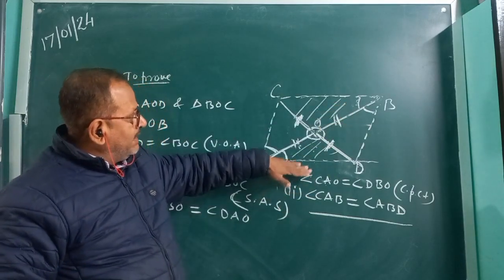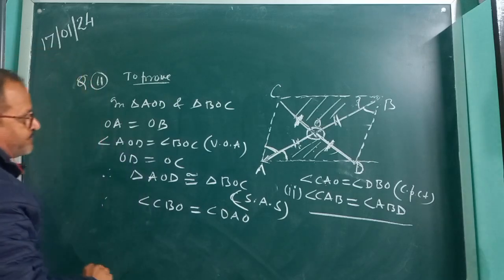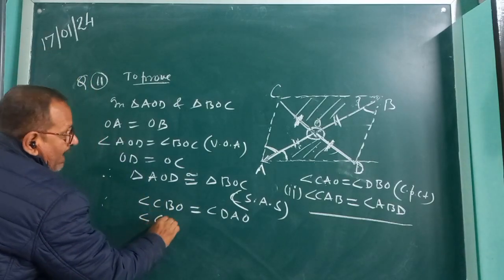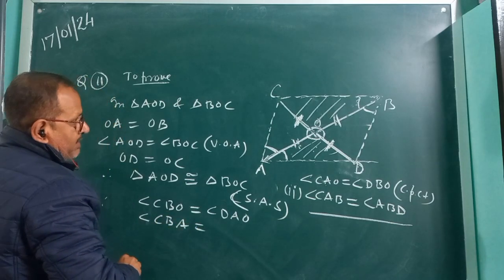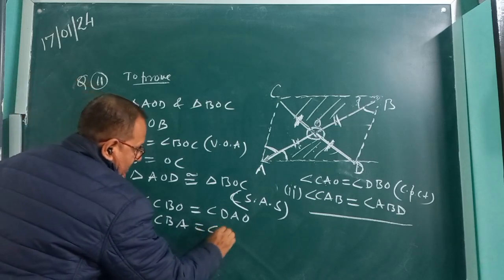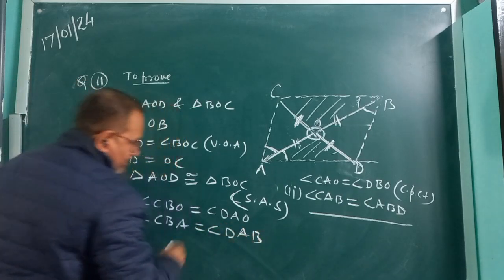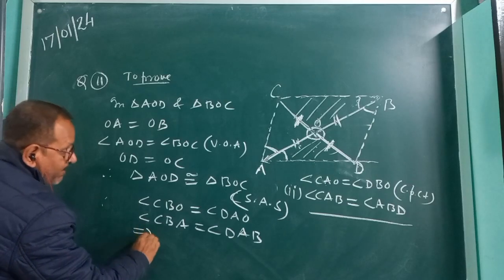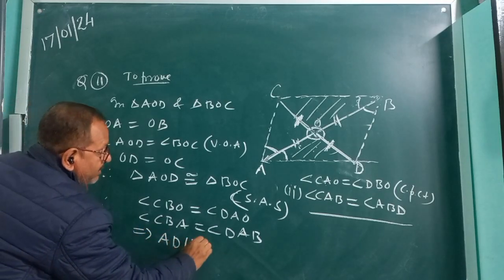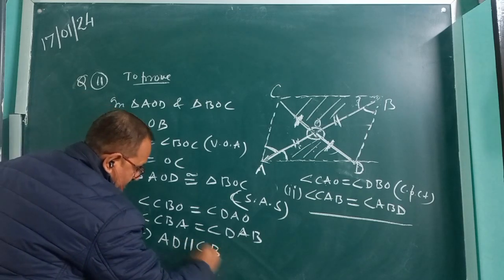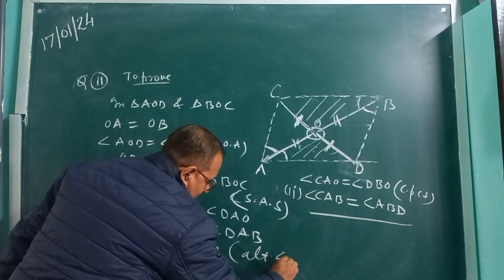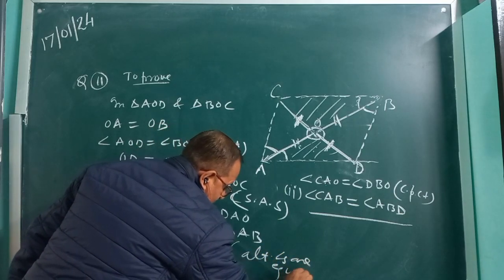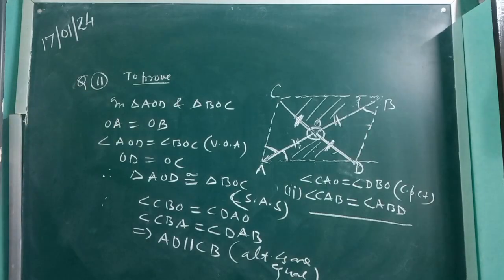So we can say that AD is parallel to CB. CBO we can also write as angle CBA, and DAO we can write as DAB. Both represent the same. So this implies AD is parallel to CB, because alternate angles are equal.